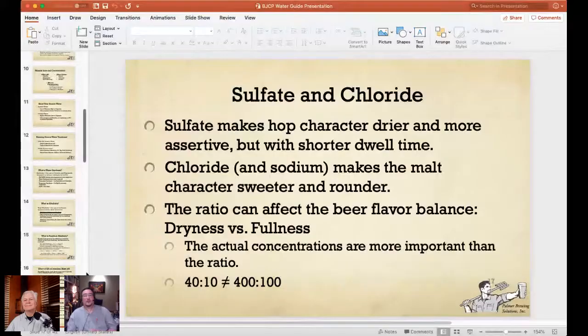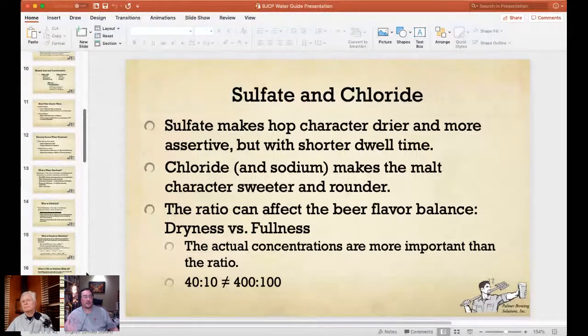Well, sulfate and chloride now. So as we said earlier, sulfate acts to accentuate the hop character of the beer. It makes that hop character drier and more assertive. It also shortens the dwell time of the bitterness on your tongue.